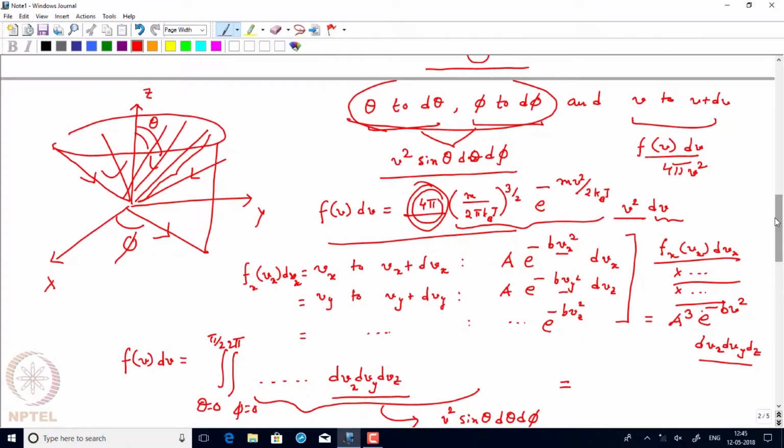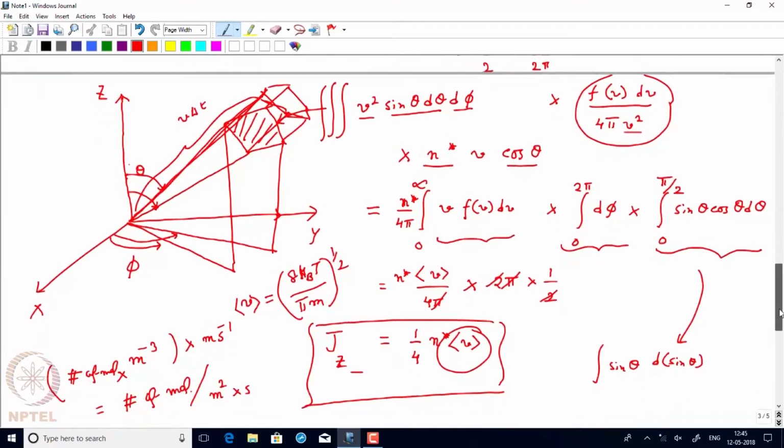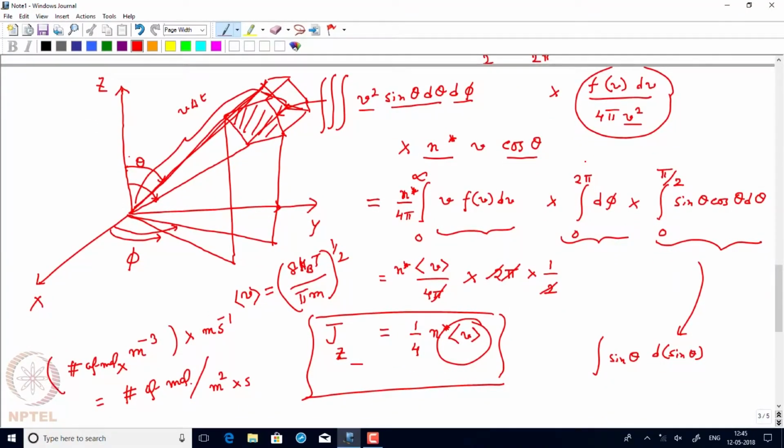If we say that up to this point, this quantity, I write it as some j which depends on v, theta and phi, then we had to multiply it by v square sin theta d theta d phi, and if we integrate all this, we get the j z value.